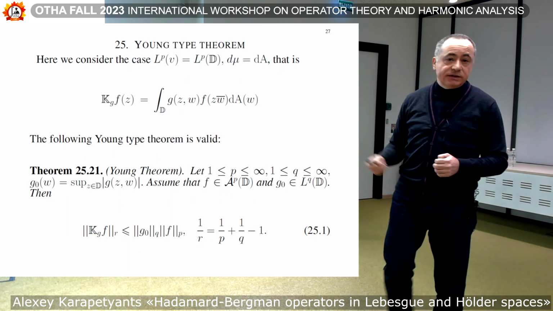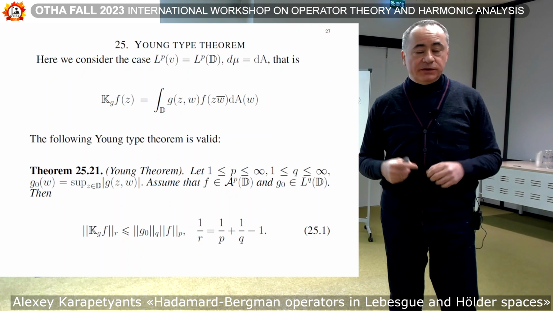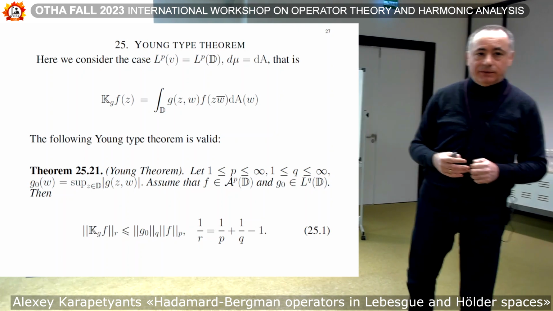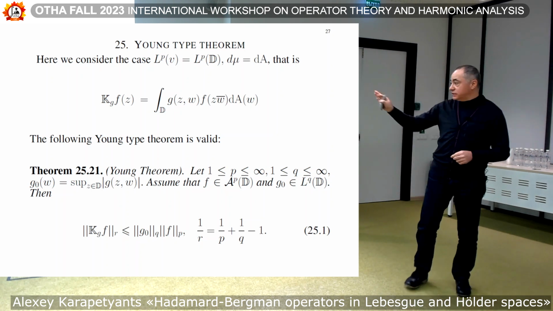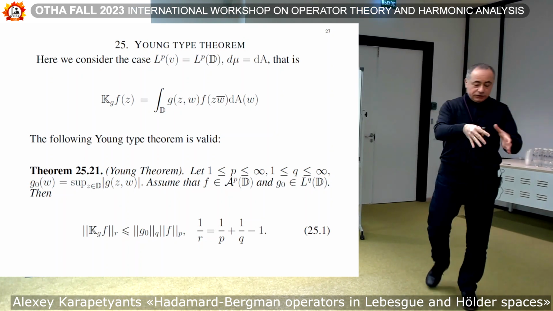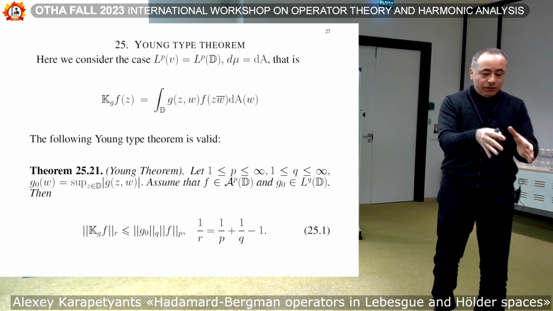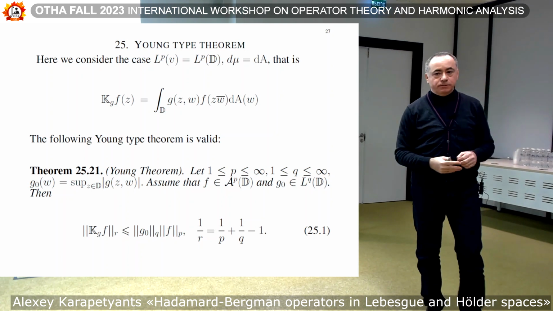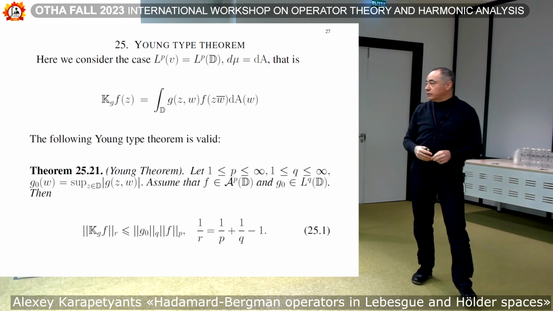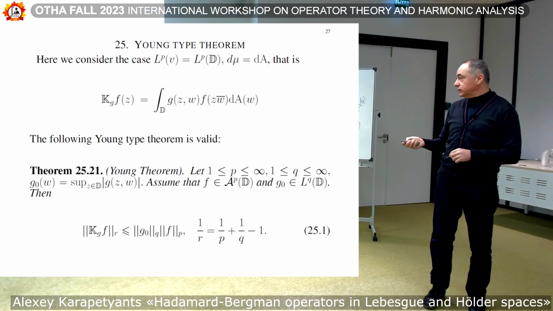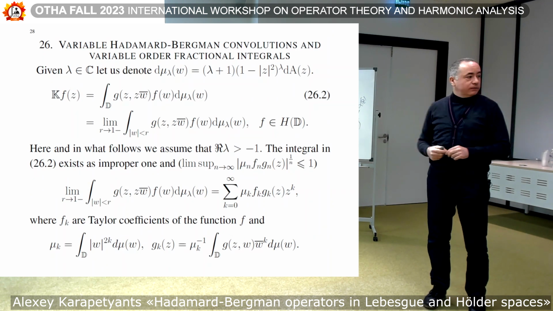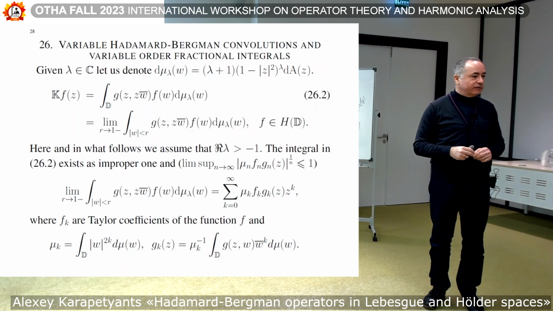I guess that this can be proved for a more general case, but in the short time, maybe we'll think about this in the future. But at least in this particular case, when you go into the more narrow cases, you have better results.